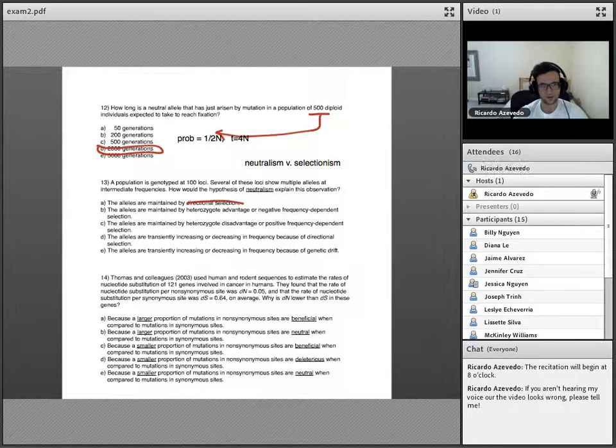The alleles are maintained by heterozygote advantage or negative frequency dependent selection. The alleles are maintained by heterozygote disadvantage or positive frequency dependent selection. The alleles are transient because of selection. No. So E would be the case, right? We are looking at the changes according to genetic drift. Again, neutralism is the idea that it's purely drift, or mainly drift, that shapes the trajectory of evolution.